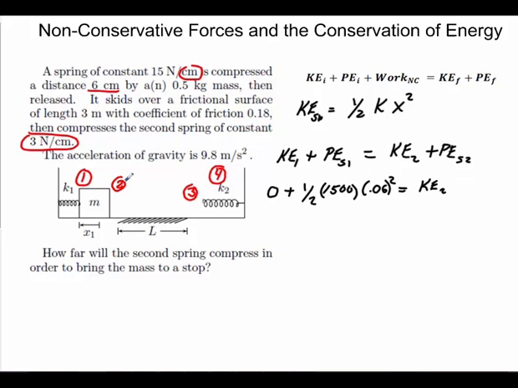Now you know at position 2 you've lost all your spring potential, so this becomes 0. So we run that value. That gives me a value of 2.7 joules. I'll run that number one more time to just check it: 0.5 times 1500 times 0.06 squared. Yes, 2.7 joules.